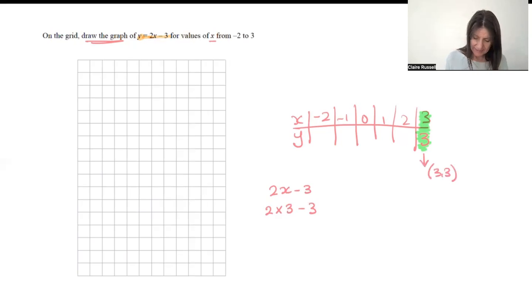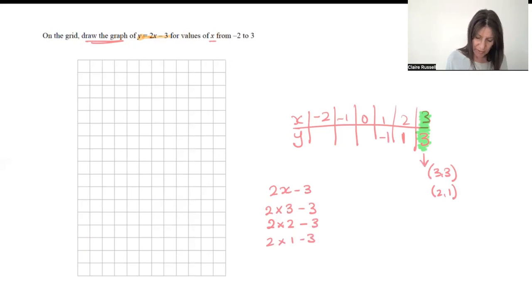I'm going to repeat that with the 2. So it's 2 times 2, take away 3, and 4 take 3 is 1. And that's another coordinate that I've now got, 2, 1. Then 2 times 1 minus 3, which gives me -1.